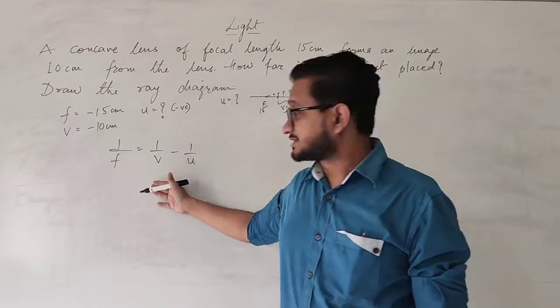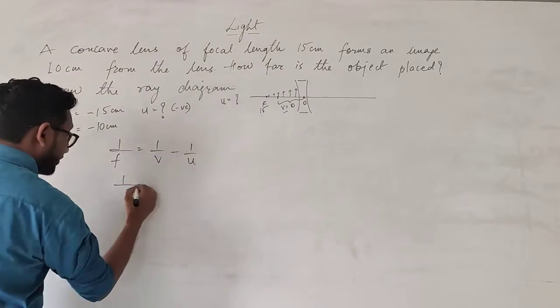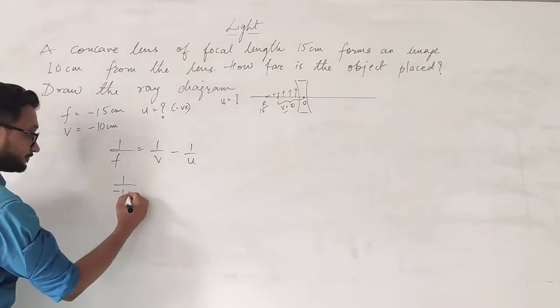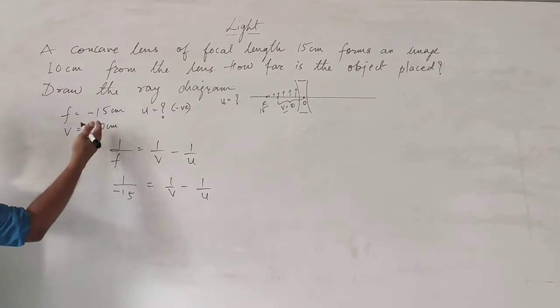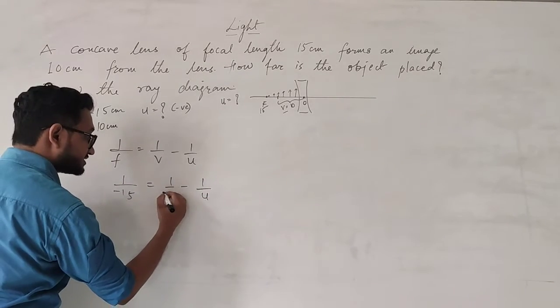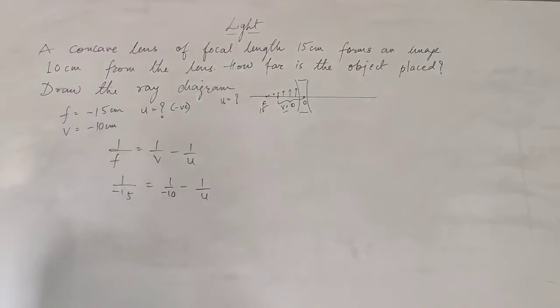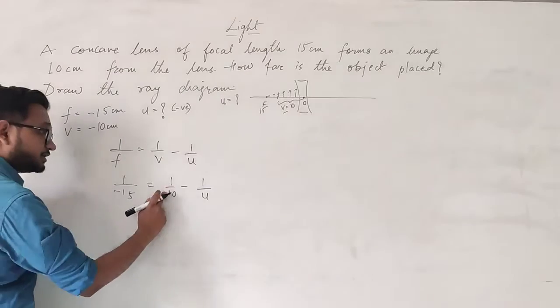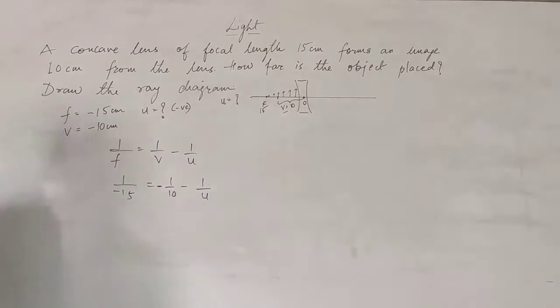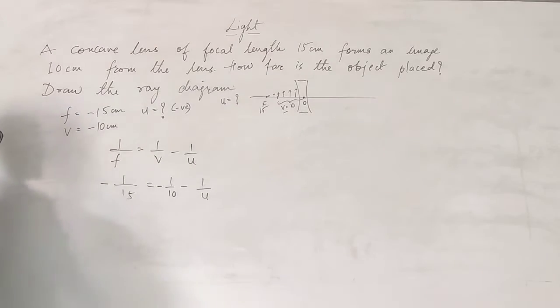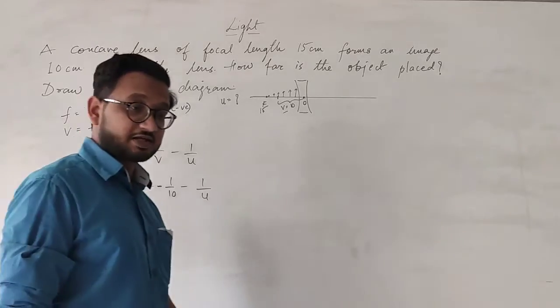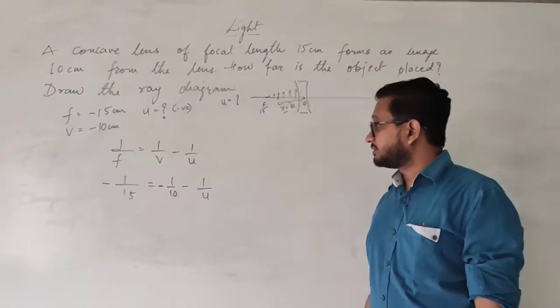So let's begin. Substitute the values. 1 upon minus 15 equals 1 upon v minus 1 upon u. Now v has been given to you, so it is minus 10. Because minus 10 is in the denominator, you can write this as minus 1 upon 10. Once again, over here also minus 1 upon 15, the whole fraction can be taken as negative. Simple.